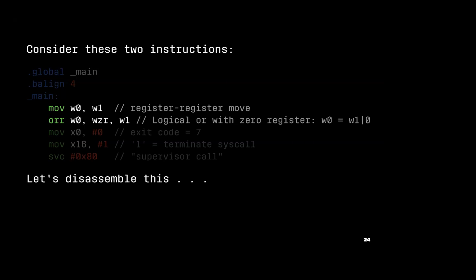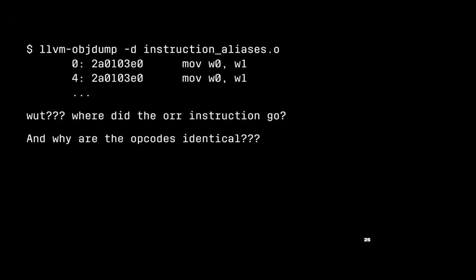It's kind of like the dev null of registers: it always reads as 0 and it ignores writes. You'd think these are clearly going to do the same thing, but when we disassemble them, they not only do the same thing, they have the same opcode. So the question is, where did this OR instruction go, and why are the opcodes identical?